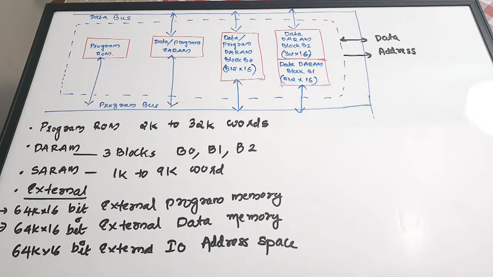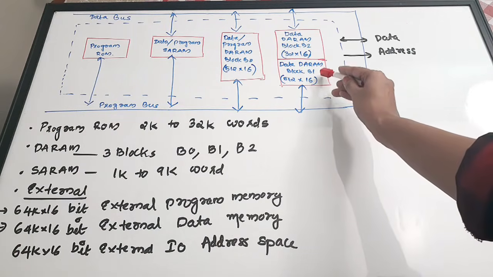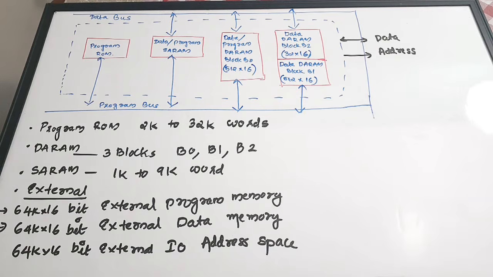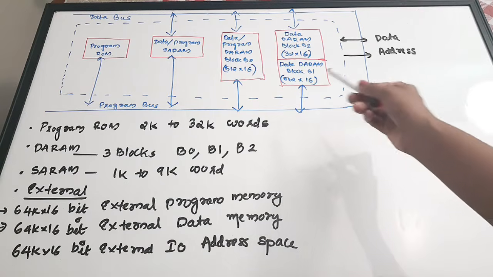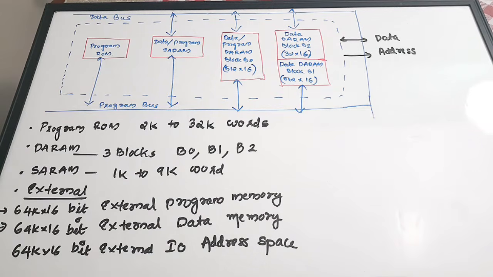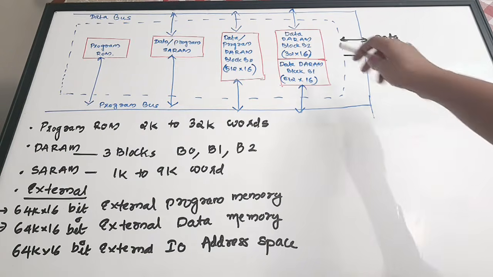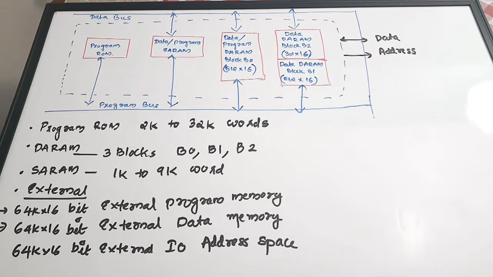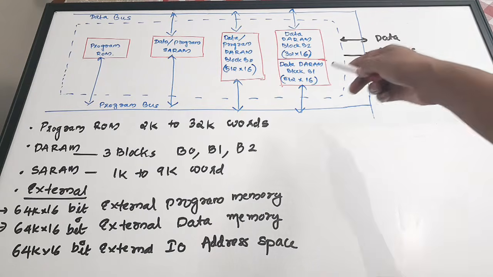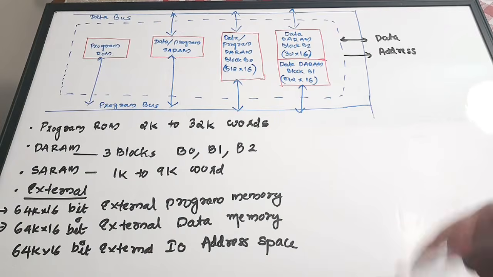For block 1, the one at the bottom, it is a data DRAM, meaning it can store only data. The size is 512 x 16 bits, again 512 words. The third DRAM block is block 2. It is again a data DRAM, so it can also store only data, and the size is 32 x 16, that is 32 words.